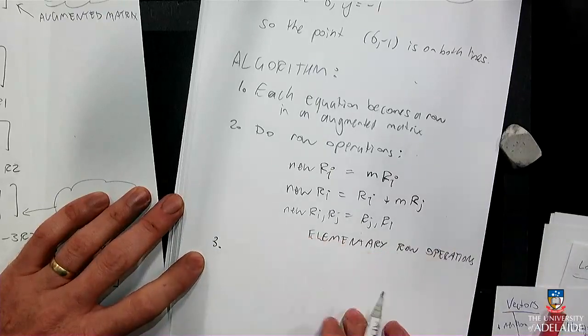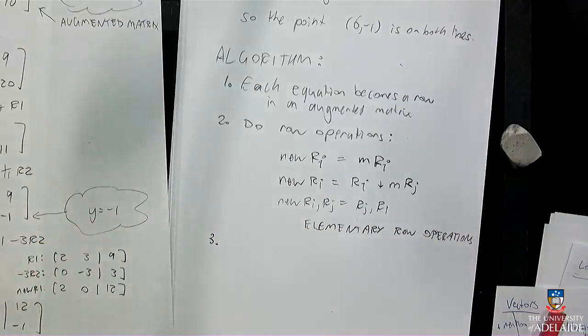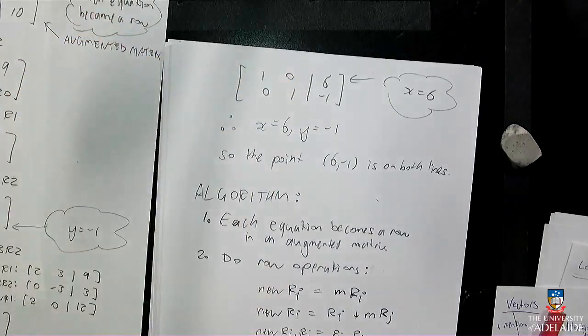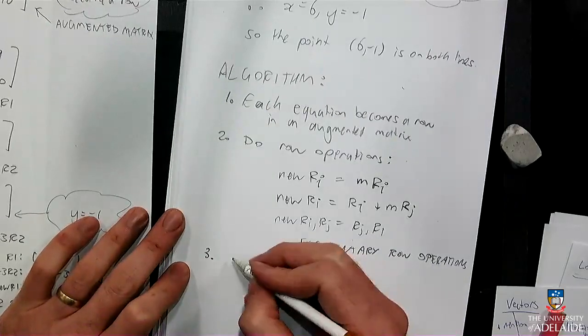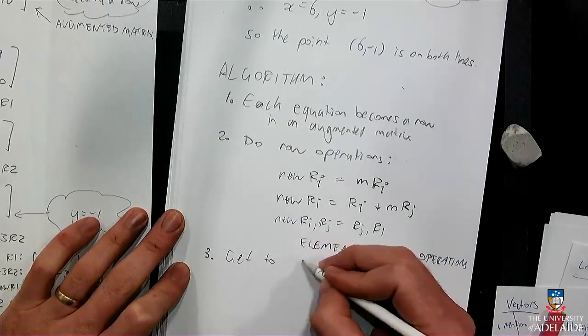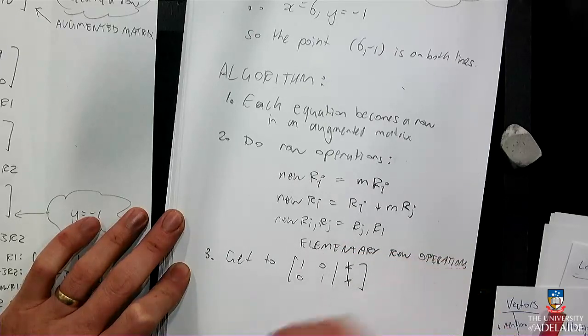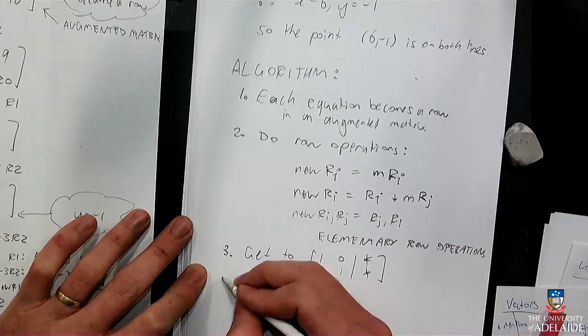And 3, well, you need a goal. You want to get as close to 1001 as possible. It doesn't really matter what's here. And then read off the answer.